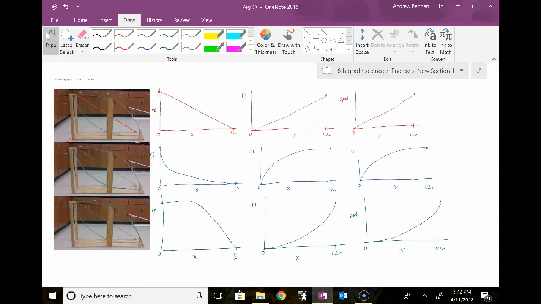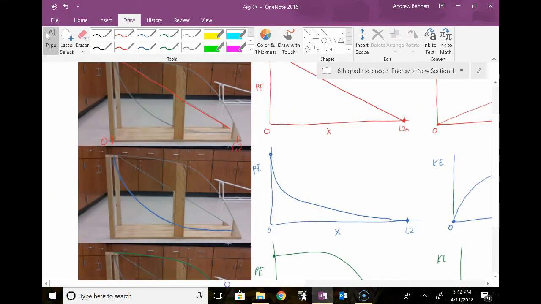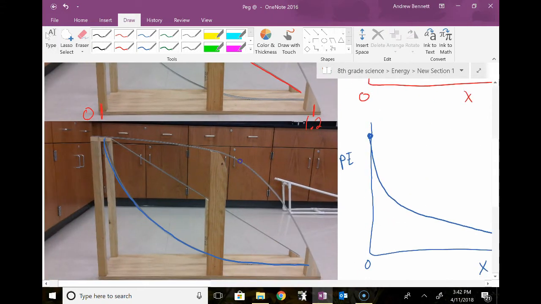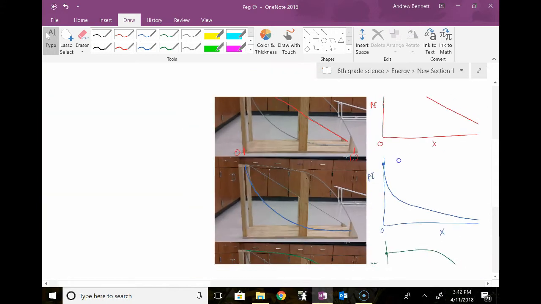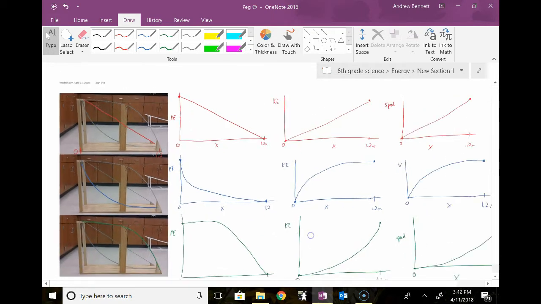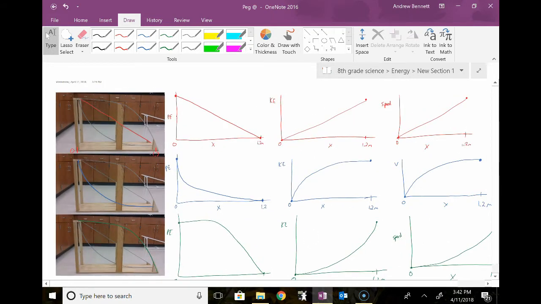The only other option would be that it has a higher height at the beginning, but if we look into the pictures here, we see that they all start at the same height. So we don't have a mechanism to have one starting at a higher height than the others, which means, tracing back the other direction, all three balls are going to start at the same height. So all three balls will start with the same potential energy.